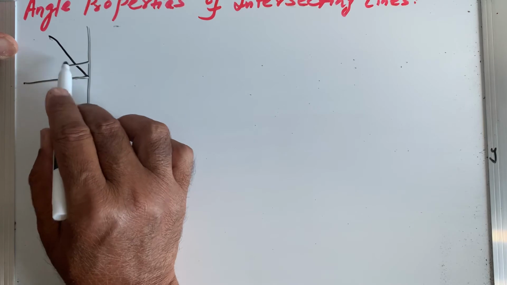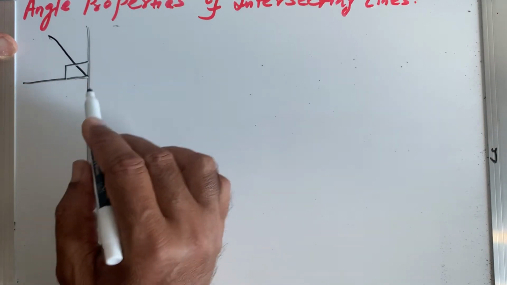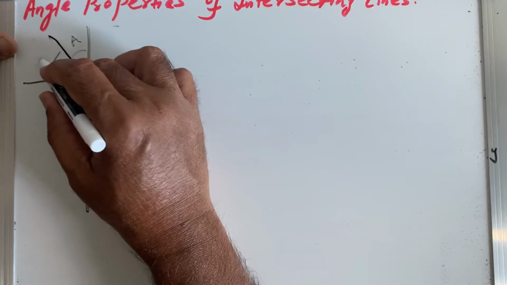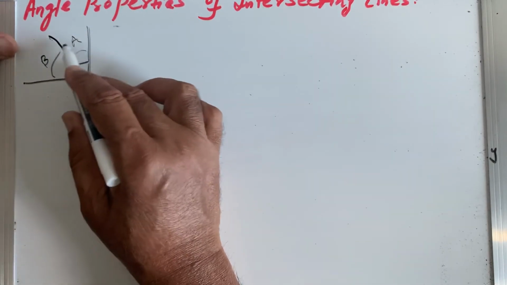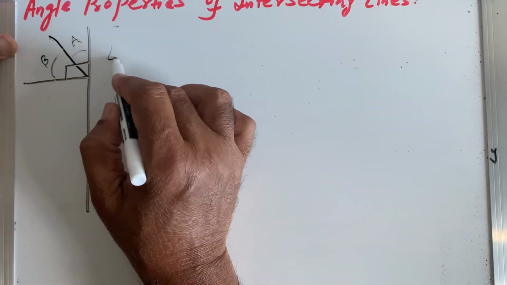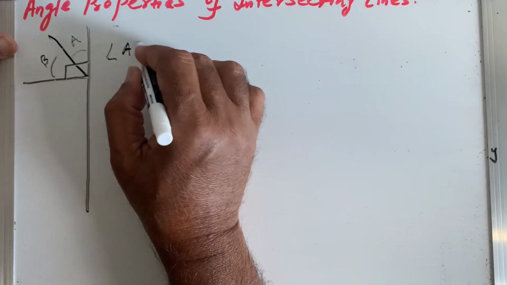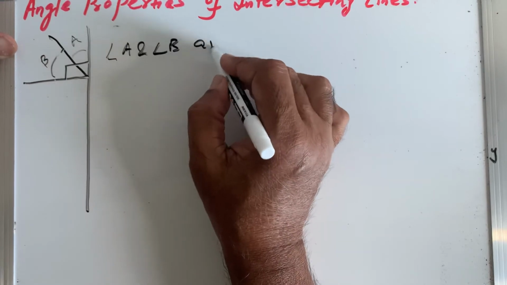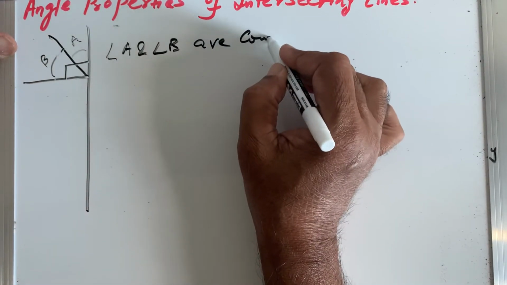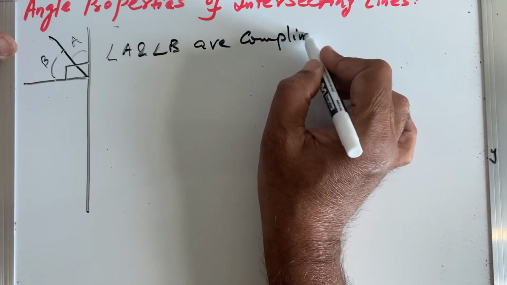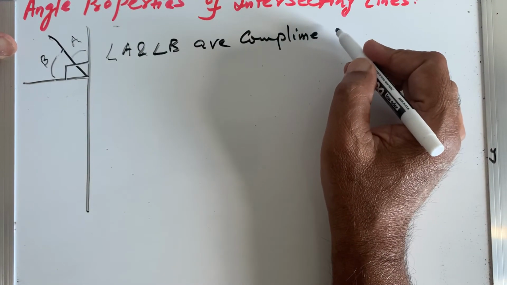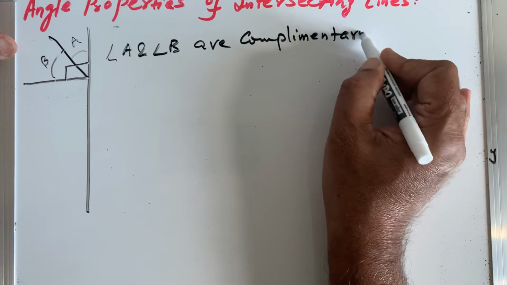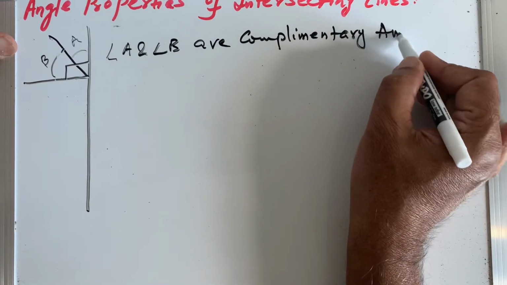Their sum is 90, this is 90, right? So then this is your angle A, this is your angle B. What is the sum of the two angles A and B? Angle A and angle B are complementary of each other. Complementary angles.